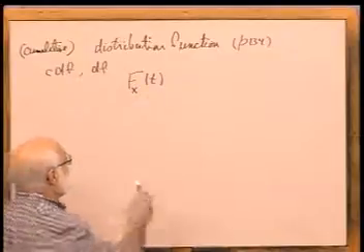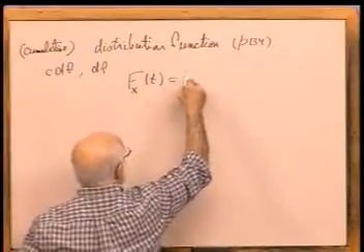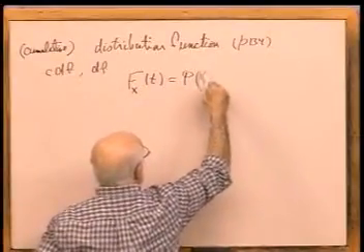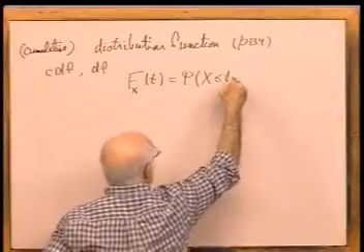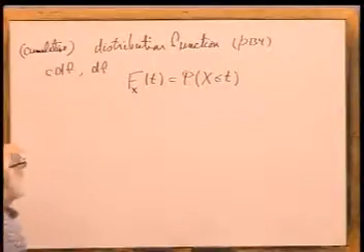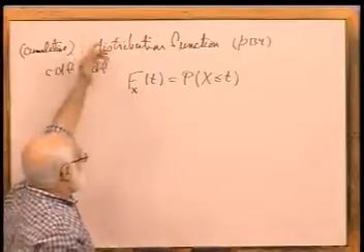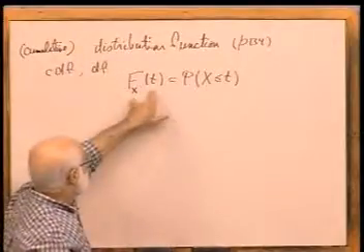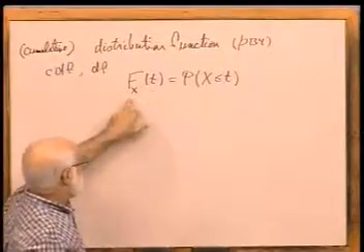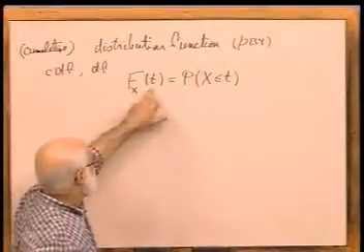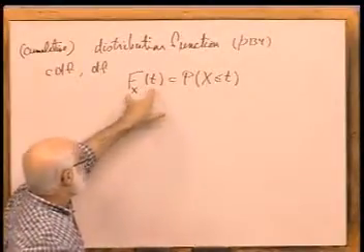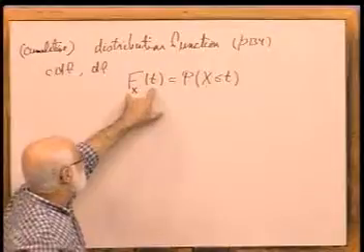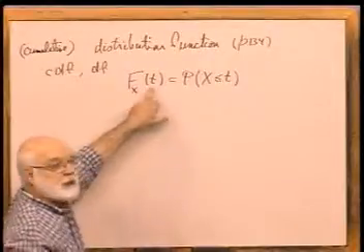And what this means is it's the probability that X is less than or equal to T. So this is a definition. So this distribution function is a function of T, because for each T, the numerical value of big F is the probability that X is less than or equal to that T.